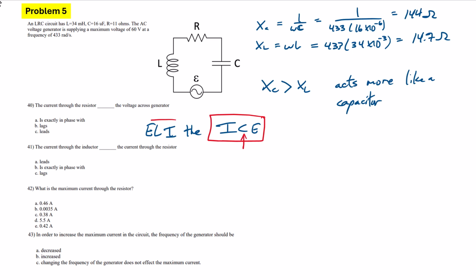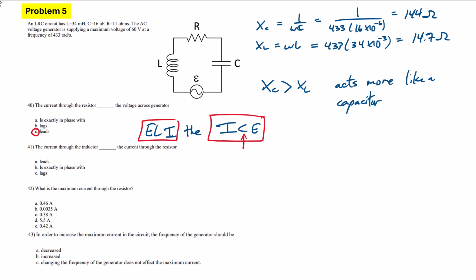Whereas if it was more inductive, we would have the voltage, which we use the letter E for, ahead of the current. But we're looking at the second case since it's more capacitive. So the current here should lead the voltage across the generator. That is this one right here.